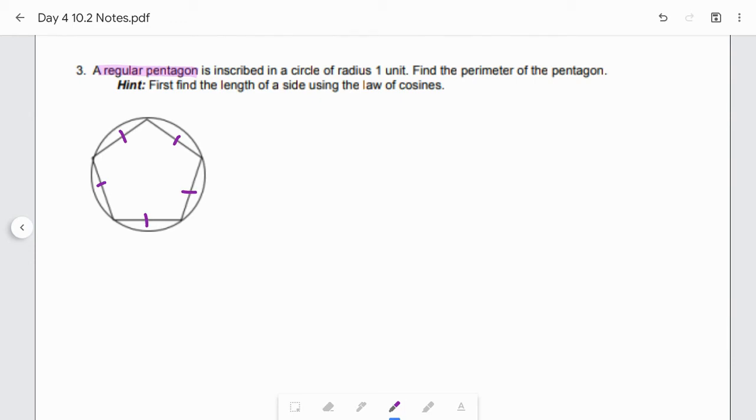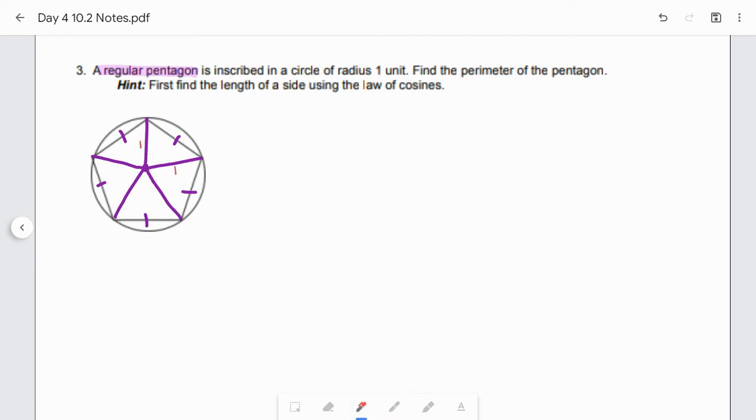So if I draw in some radii, I can see that I have a triangle, and they each have a length of 1. Okay, now since we have a regular pentagon, I am going to end up with 5 congruent triangles.